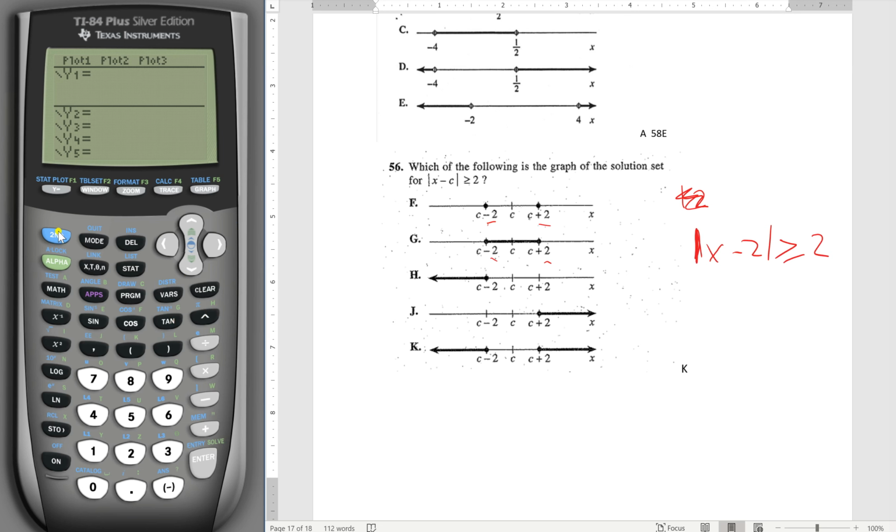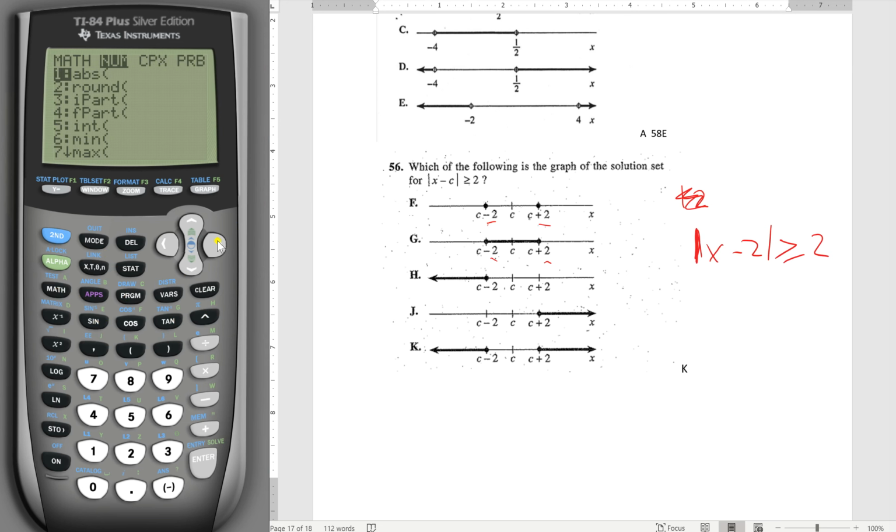So to get absolute value, you go to math, go over to number, hit absolute value, and it comes up there. So we're doing x. In y equals, it won't recognize any other letters. You can't put in y, I couldn't put in c, it has to be x. Or I haven't found a way to do it anyway. Minus, and we'll put in 2, since that's the only other number that we've been given here.